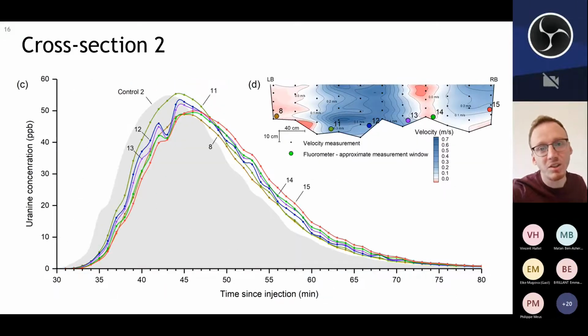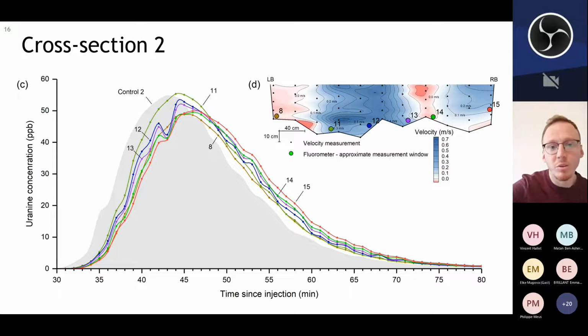For cross-section 2, this is not so heterogeneous. We have much more similar breakthrough curves. There are some differences. For example, number 8 has globally lower intensity than, for example, the 11. We have, in terms of recovery rate, 8 has not enough recovery rate compared to the others.